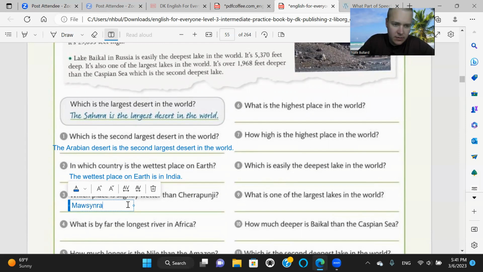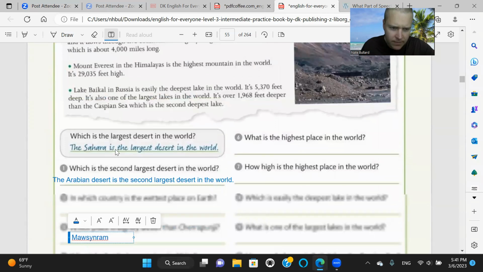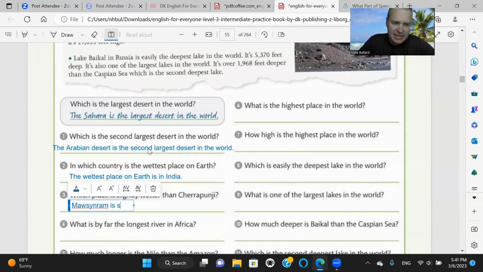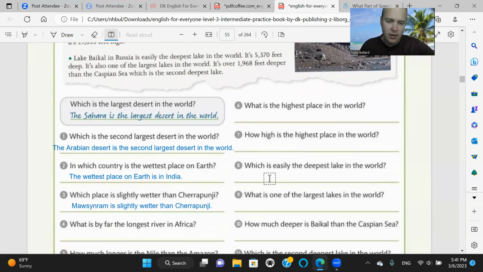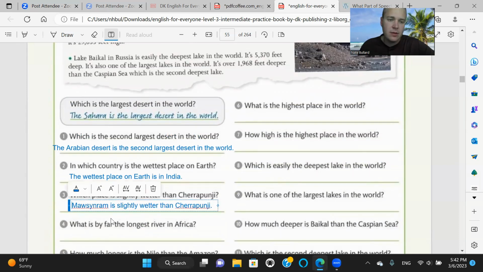Mao Sinram is slightly wetter than Cherrapunji. It is slightly wetter.